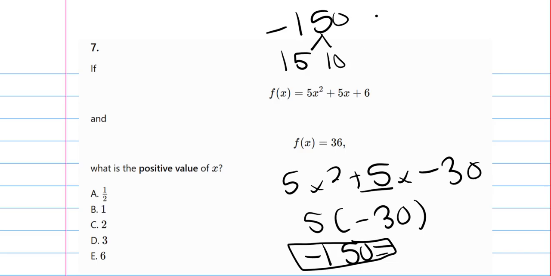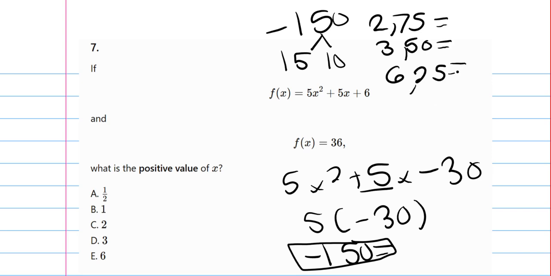And another one would be, let me think, 2 and 75, 3 and 50, and 6 and 25. All of these two numbers can multiply to 150, right? But if you combine these two, that would not add up to 5. It's literally impossible. The number would be higher or the number would be lower.